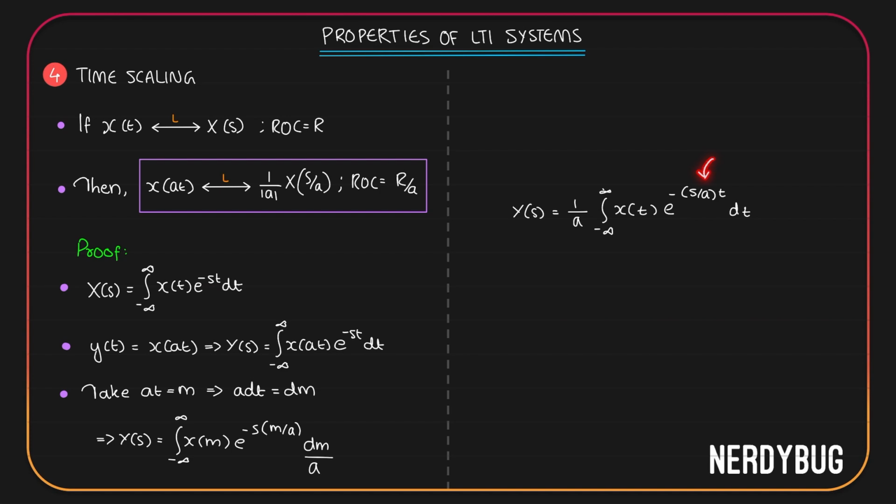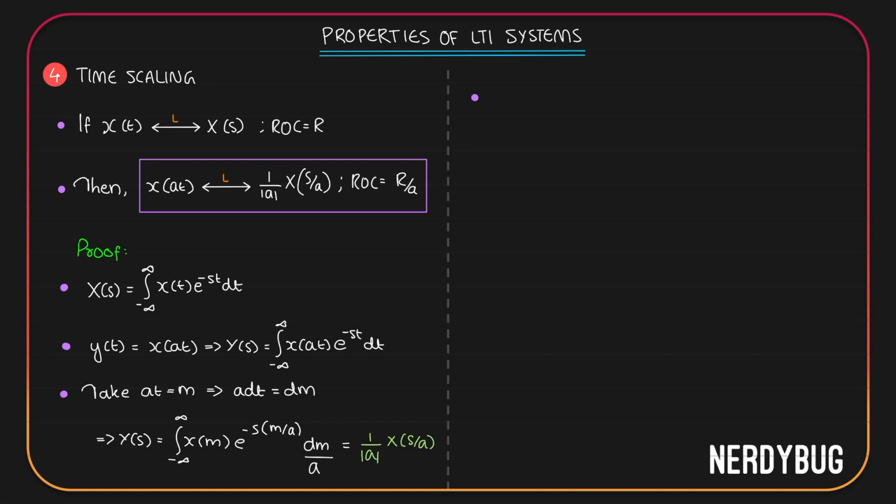So when you have s by a, you can call it X of s by a. So Y of s is actually 1 by a X of s by a. Now, we cannot take a as such, we have to take the magnitude of a because a is only the scaling factor. It is not supposed to reverse our function. So we will write Y of s is 1 by mod a X of s by a.